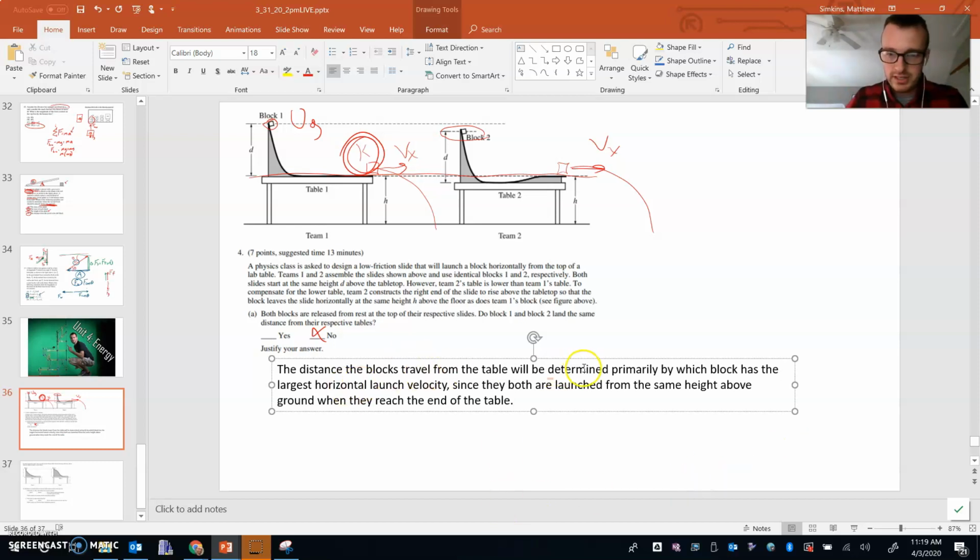So the distance the block travels from the table will be determined primarily by which block has the largest horizontal launch velocity, since they both are launched from the same height above the ground when they reach the end of the table.